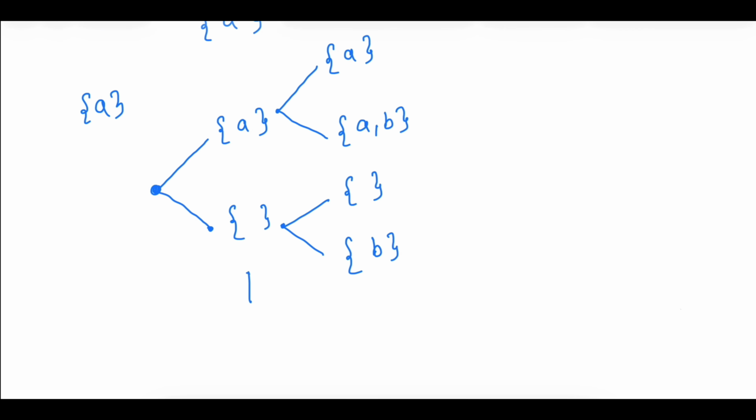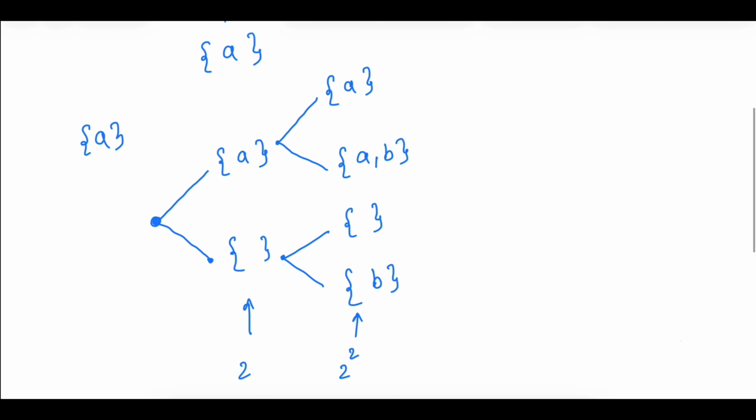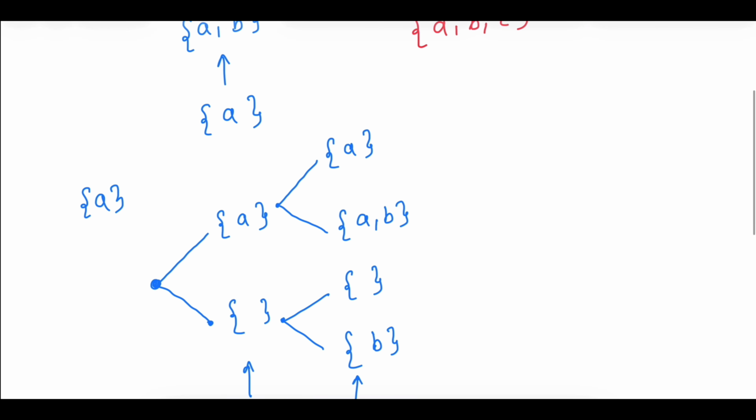So for the 1-element set we formed two subsets, and for the 2-element set we basically doubled it, so we formed 2 square, which is 4 subsets. Now we can continue the same if you have a third element which is C, right?